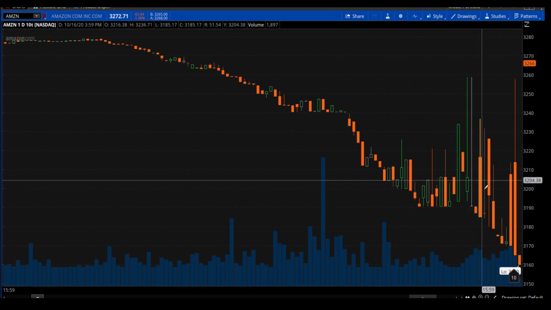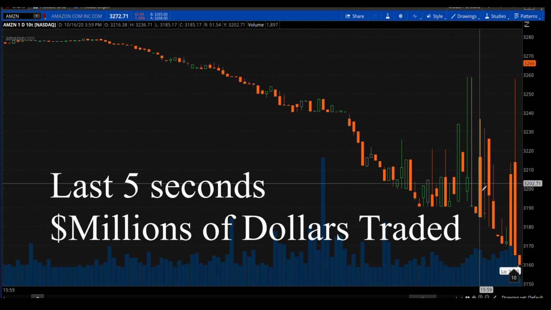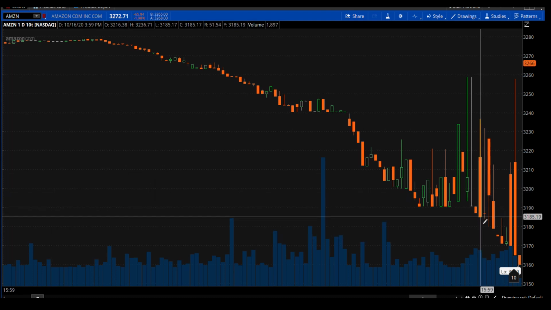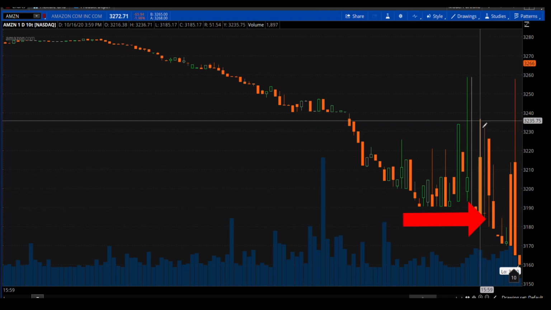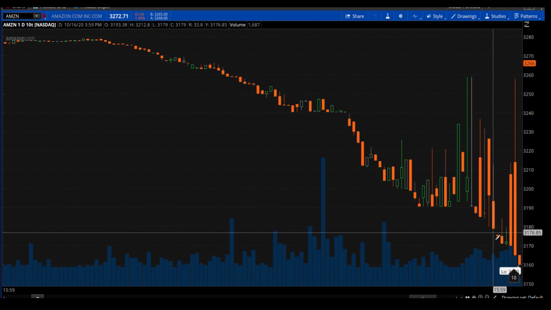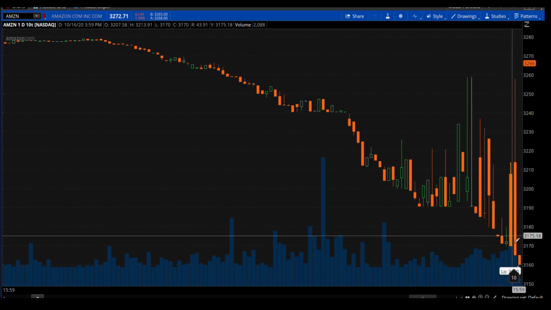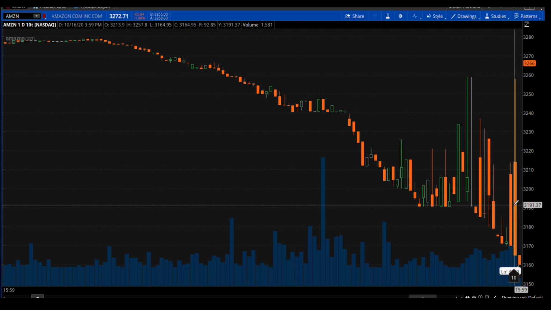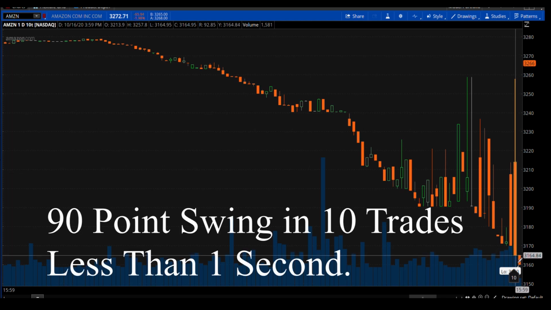And then what we see here is that in the last sub-second, we had crazy swings from 31.80 up to 32.30. This is all sub-second trading activity, and there's thousands of shares trading. Here we traded as high as 32.58, as low as 31.68, so a 100-point swing in a sub-second 10-tick trading range.